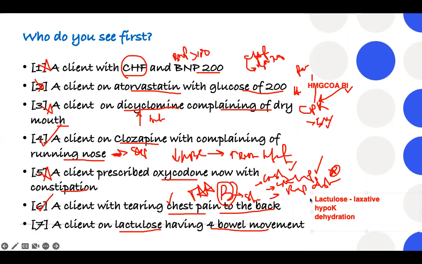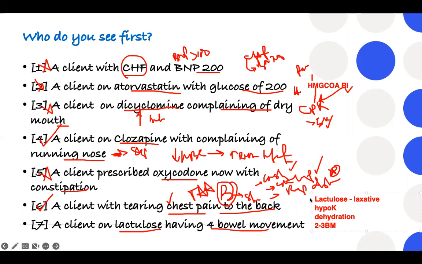So we titrate the dose based on the therapeutic value. The therapeutic evidence of lactulose working is 2 to 3 bowel movements. If you have more than 3 bowel movements, we've got to stop it because you become hypokalemic and dehydrated.